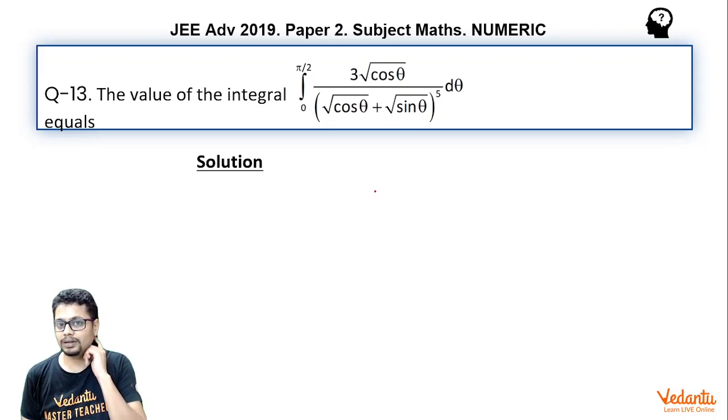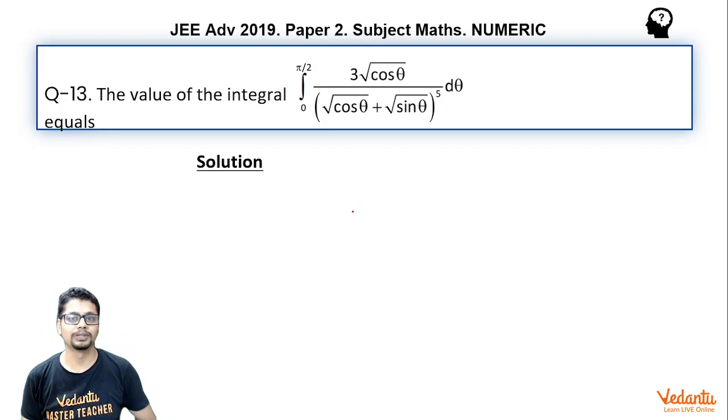And then you'll not be benefited any further from any property as such, and you'll have to do the integration in the indefinite way and then put the limits.